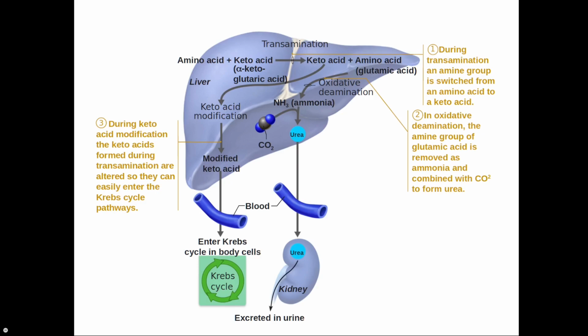But these reactions of transamination lead to the product not only of amino acids but additionally ammonia, and this is a side effect of transamination reactions, because ammonia is a very toxic molecule, and we have a specific mechanism for removing this molecule from our blood and from our body.